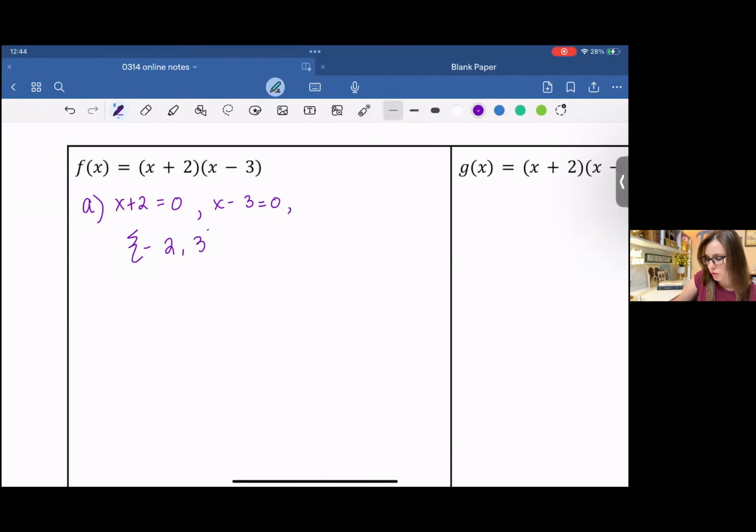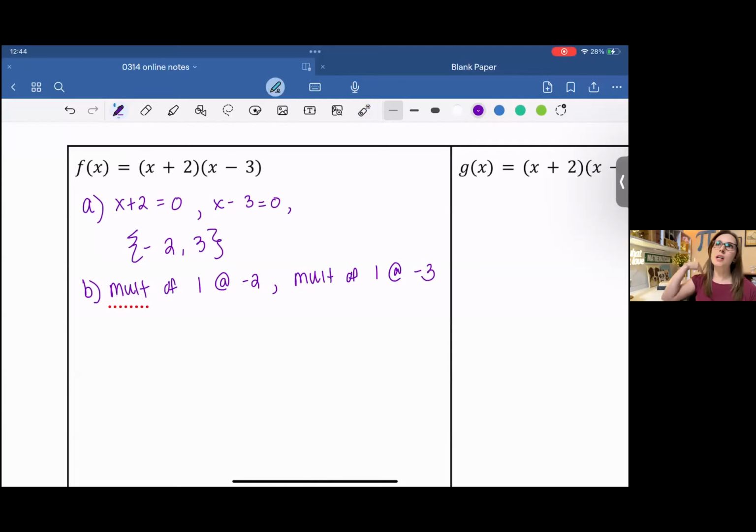So this one has 2 x-intercepts. And then the multiplicity at those x-intercepts comes from the exponent on each factor. So we have a multiplicity of 1 at -2 and a multiplicity of 1 again at 3.